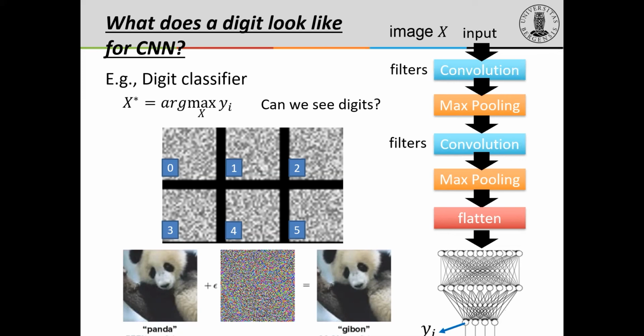But afterwards, we can add some very special noise to the panda picture. After we add the noise, it still looks like a panda to our eyes, right? But when you put it into the same neural network, it will tell us it's a gibbon, which is a monkey or something, with 100% confidence. So a network can be fooled by humans with careful design.